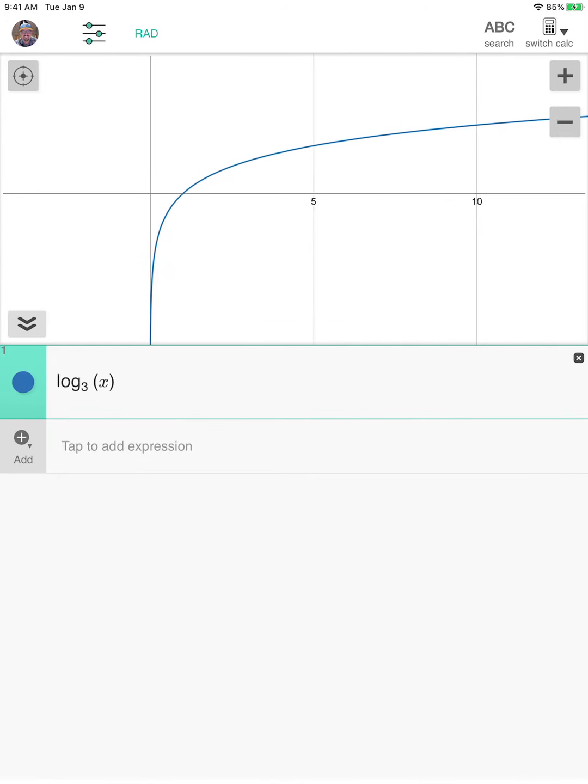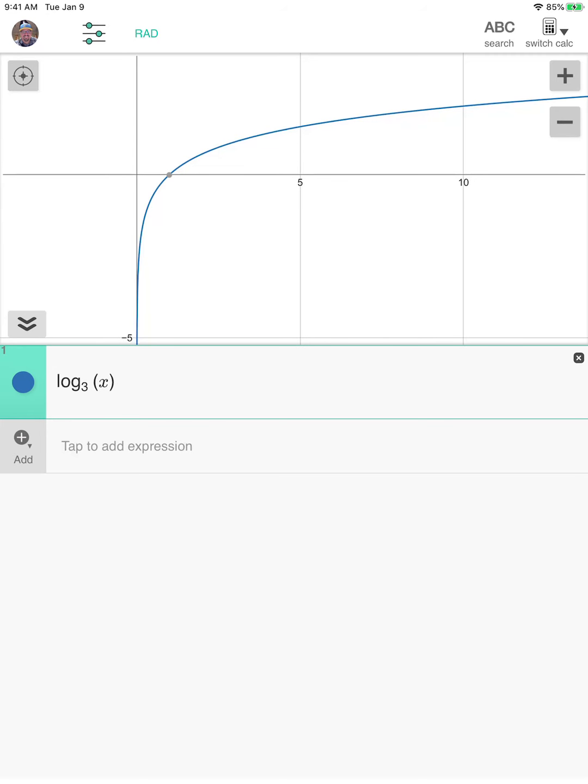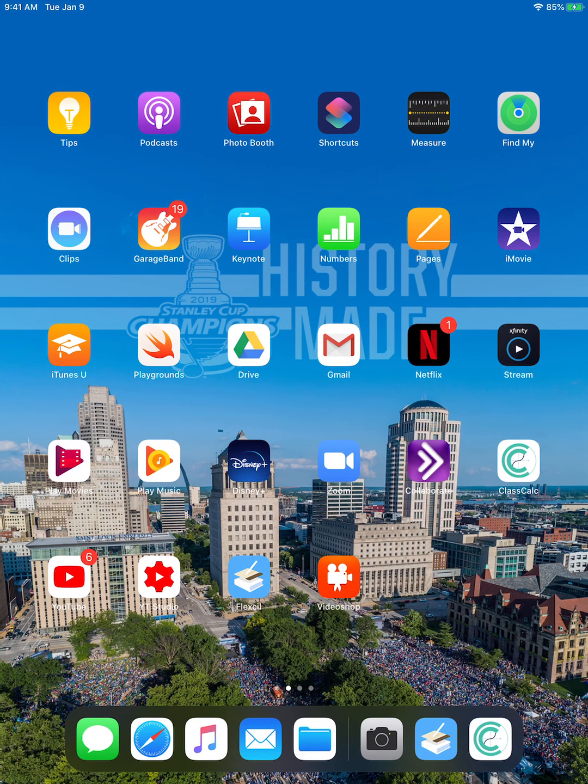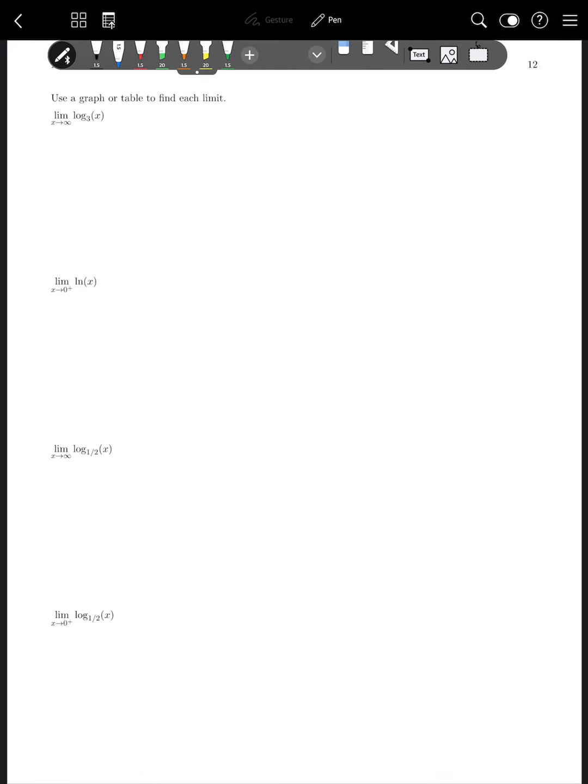Okay. So if I add that to my notes here, the graph looks something like this.